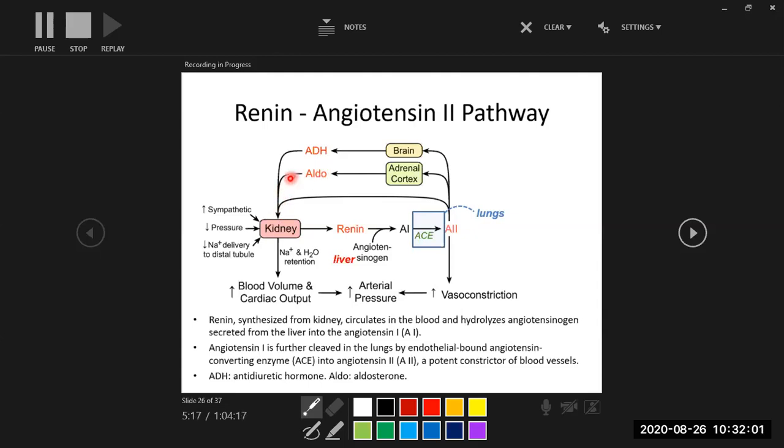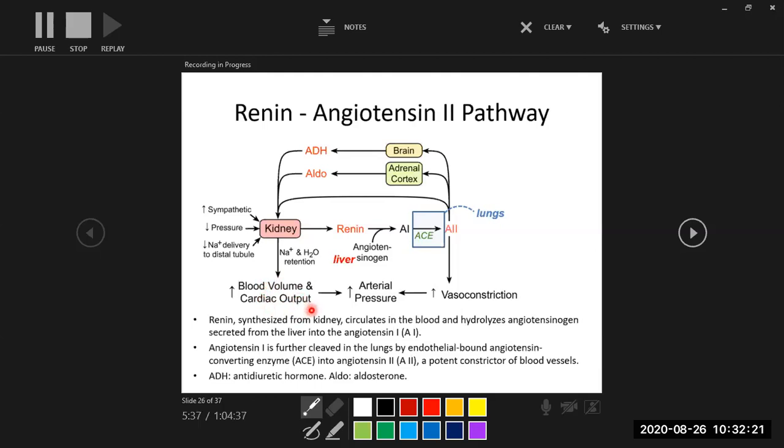The function is to act on the kidney to cause sodium retention. And the more salt in our body will draw more water in our body. That will also cause more venous return, and more cardiac output.